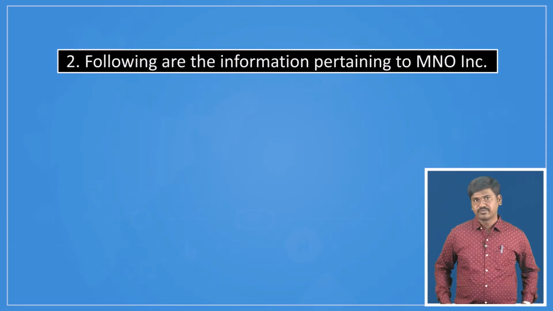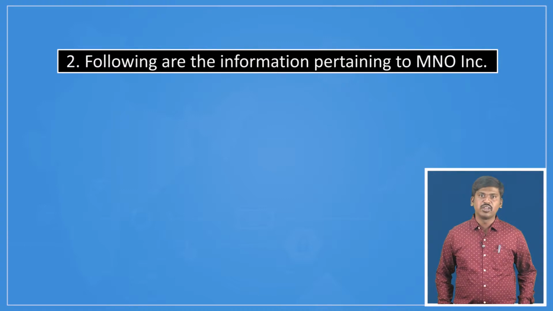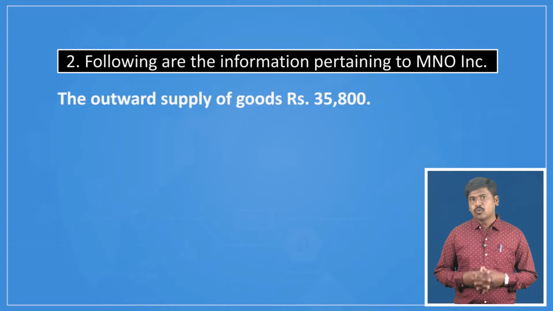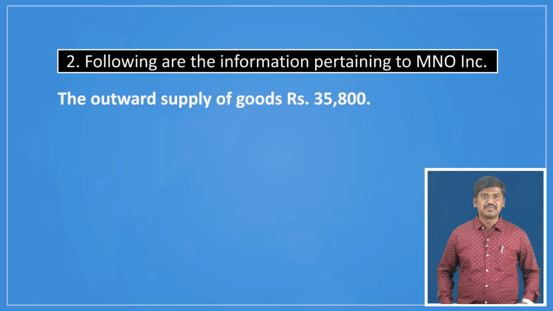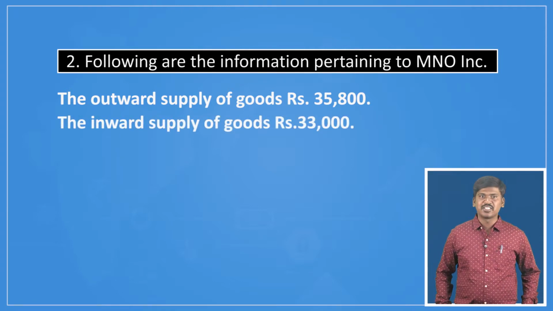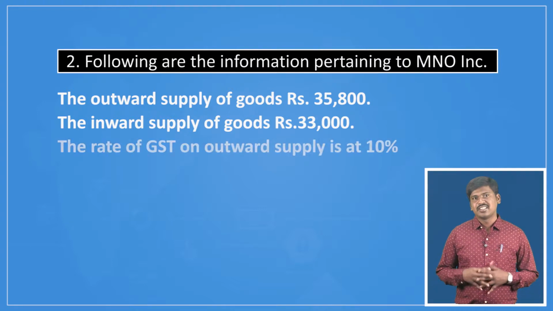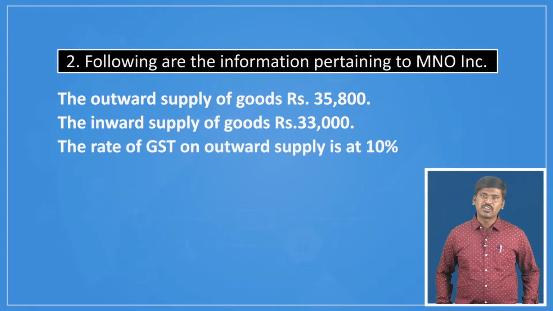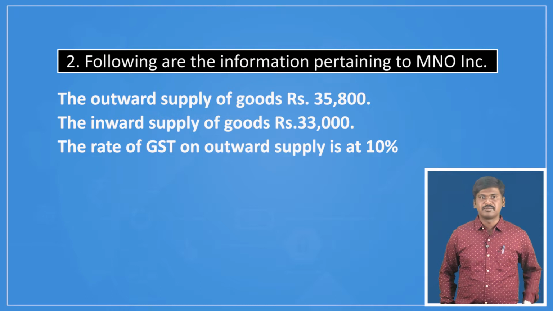Illustration number 2. Following is the information pertaining to MNO Incorporation. Number 1. The outward supply of goods rupees 35,800. Number 2. The inward supply of goods rupees 33,000. Number 3. The rate of GST on outward supply is 10%.